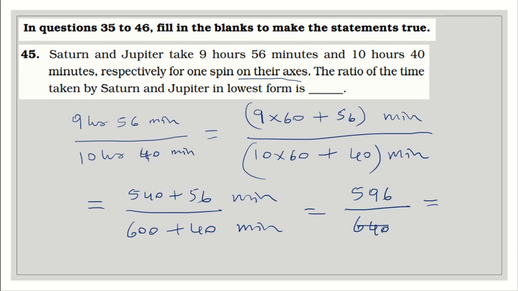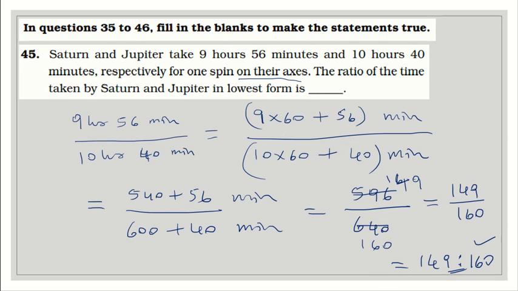Let's check with 4. 4 fives are 20, 2 comes, 4 sixes are 24, it becomes 149. 4 times 4 is 16, and 16 out of 19, 16 gone, and 3 comes here, 36. 4 nines are 36. So here 149 upon 160 is the final lowest form, and the ratio is 149 is to 160, which is the right answer.